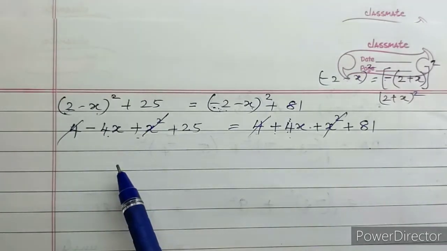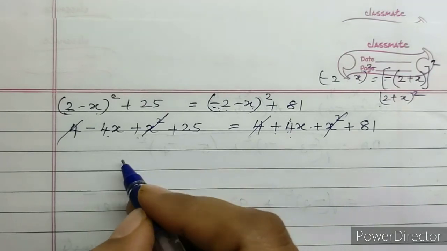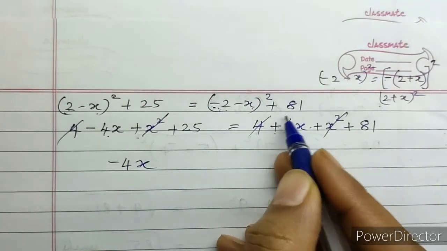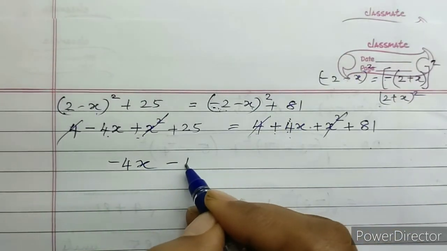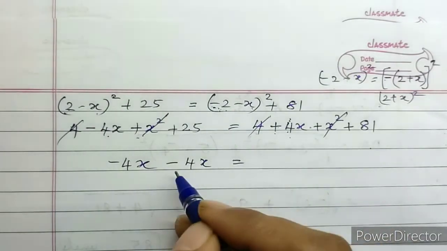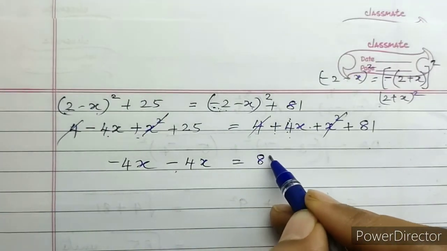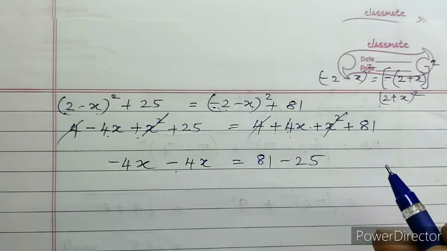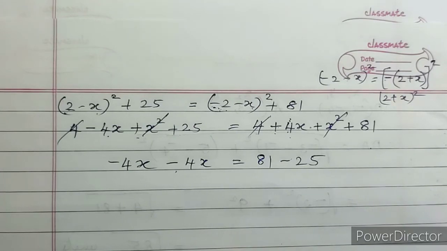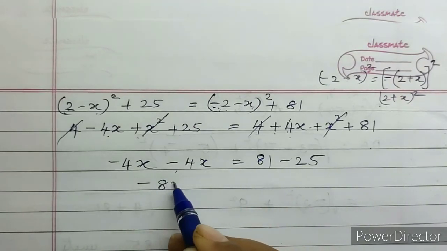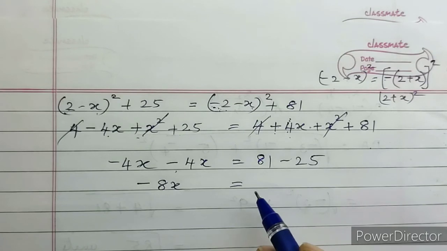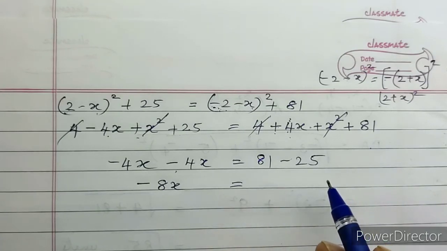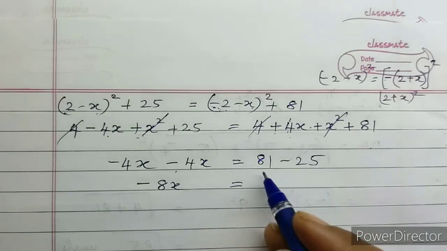So bring it to one side: minus 4x, and this 4x you bring to the other side, changing the sign, minus 4x. Here 81 is there, and this 25 you bring to the other side, so minus 25. Now minus 4x minus 4x is minus 8x. 81 minus 25 is 56.